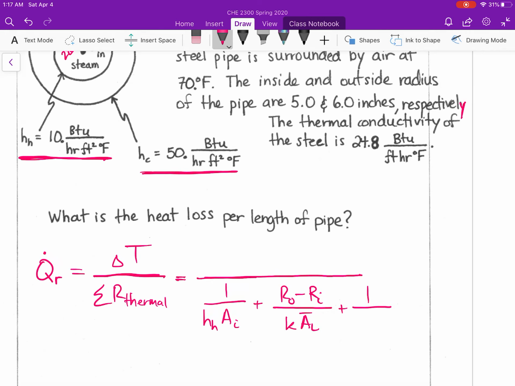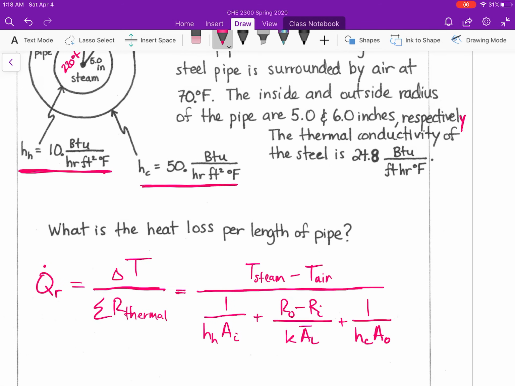And then finally, convection away from the hot pipe to the colder surrounding air, and that is based off the outer surface area of the pipe. And our temperature difference here is going to be the temperature difference between the steam and the air.